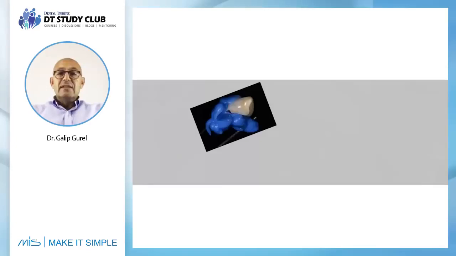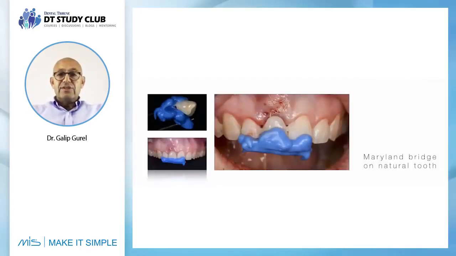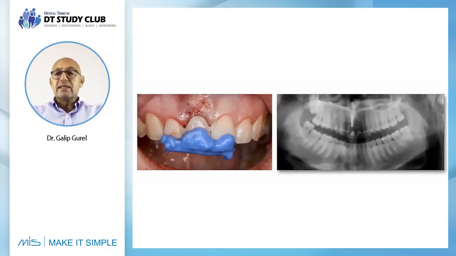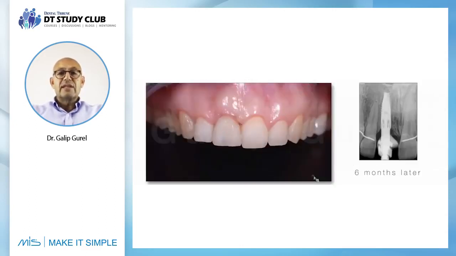And then after surgery, when we close the wound, I bring this index that we created in the beginning, and I'm now using the natural tooth as a Maryland bridge. So as you can see here, the implant is placed. It's just covered here. We didn't do anything for the abutment, the emergence profile. The provisional is covered on top of that.